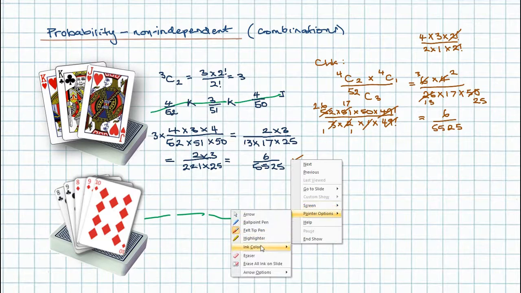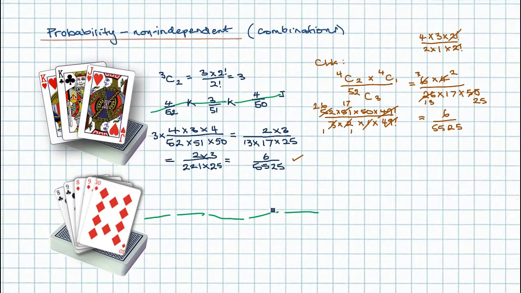And what I'm going to do here is, because I can choose any combination, multiply up by the number of branches that we've got. So I'm going to go for a red card followed by a black card, followed by a red card, followed by a black card, followed by the third red.